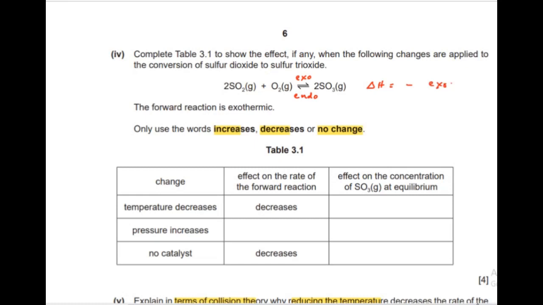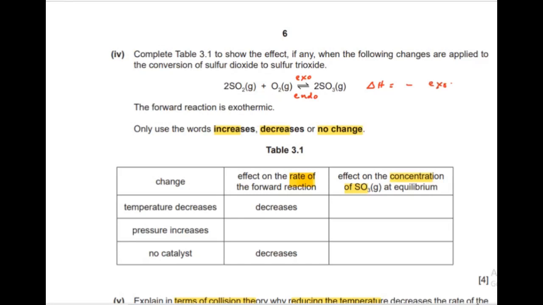Now you have to answer using only the words increases, decreases, or no change. First, the effect on the rate of reaction. So be careful. And then the effect on the concentration of sulfur trioxide. In the second part, you have to explain in terms of shifting of equilibria, and in the first part, just talk about the rate, whether it increases, decreases, or no change.